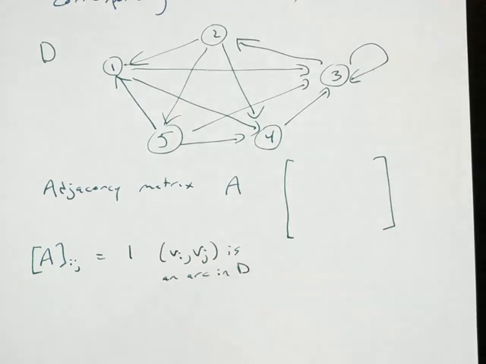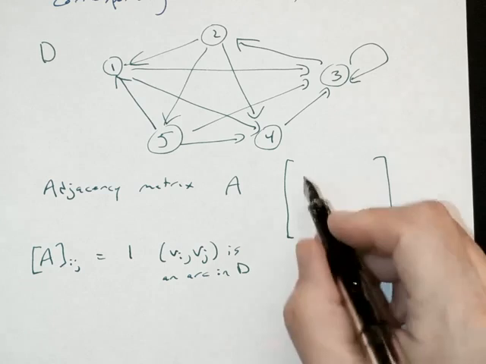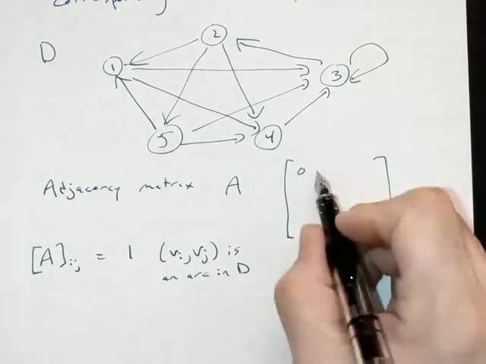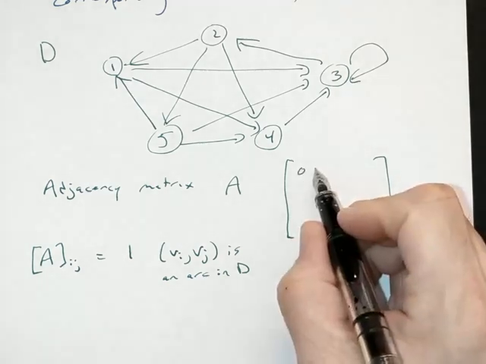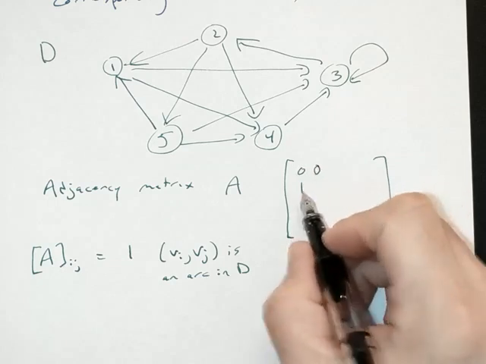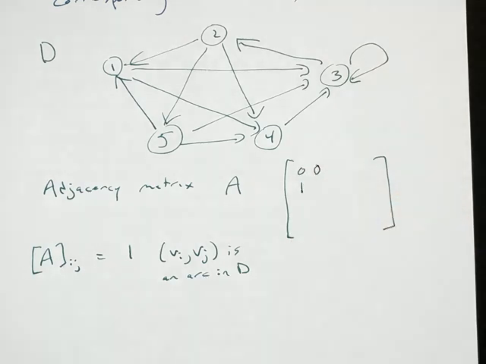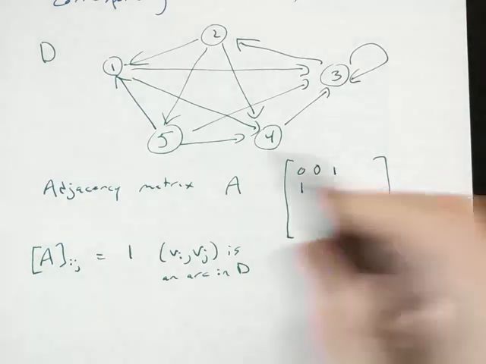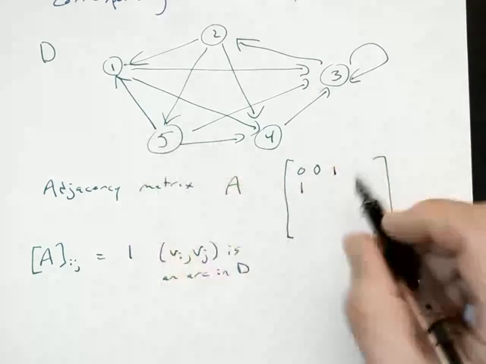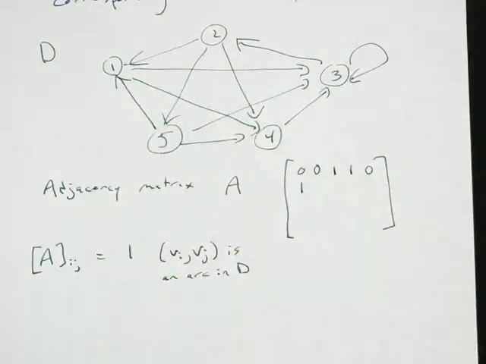I can go from 1 to 3, from 1 to 4, but not from 1 to 5. 2 to 1, but not to 2, nor to 3, yes to 4, yes to 5. Okay, so now I have to fill out either across the rows only or down the columns only. When I go down the columns, I'm doing adjacent from. Across the rows, I'm doing adjacent to.